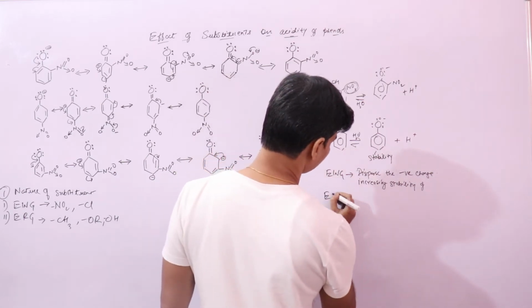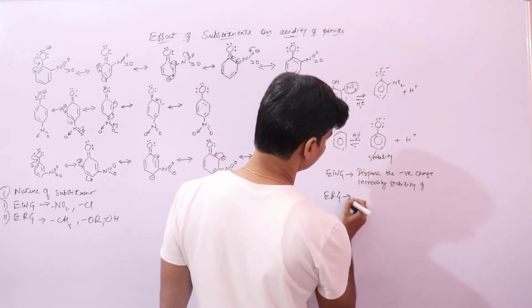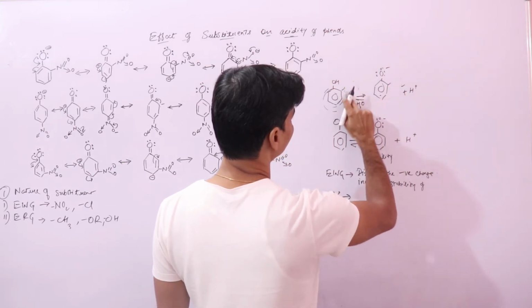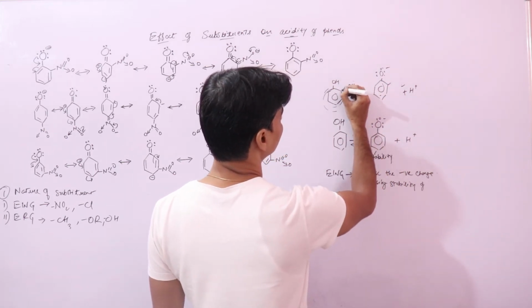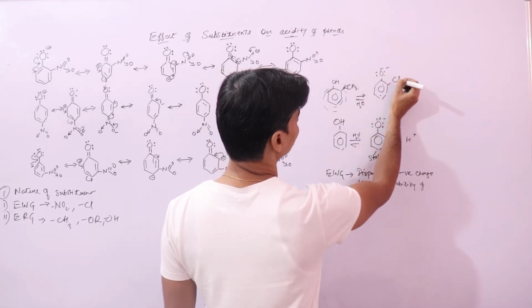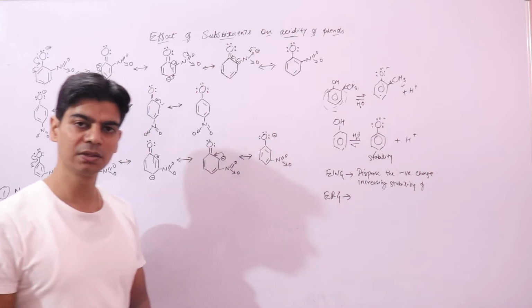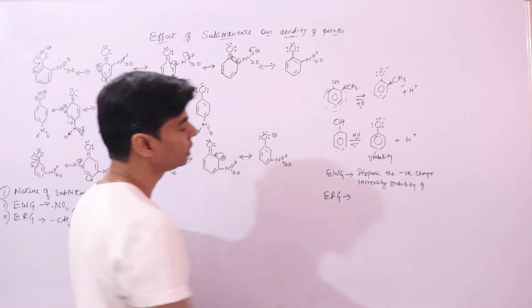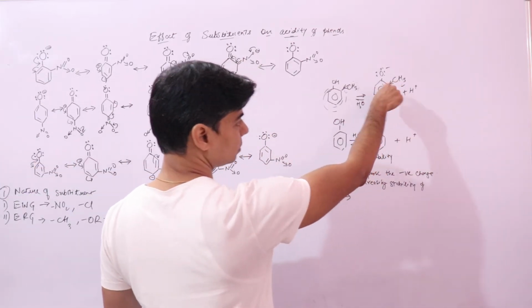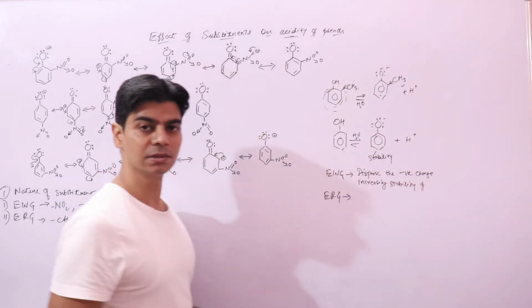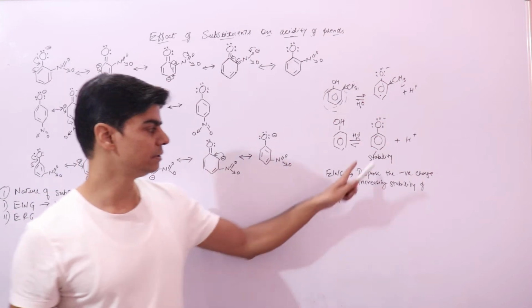Now if you have, say, an electron releasing group, suppose in place of NO2 I now have this CH3. CH3 is an electron releasing group. So this electron releasing group will release electrons towards the benzene ring, thereby intensifying the negative charge on the benzene ring.